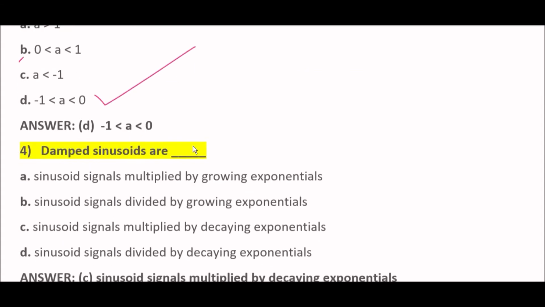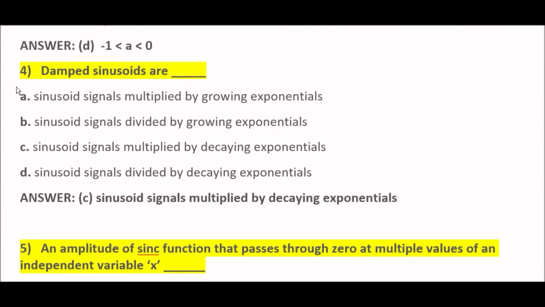Okay. Next question. Damped sinusoids are: option A, sinusoid signal multiplied by growing exponentials. Option B, sinusoid signals divided by growing exponentials. Option C, sinusoid signals multiplied by decaying exponentials.